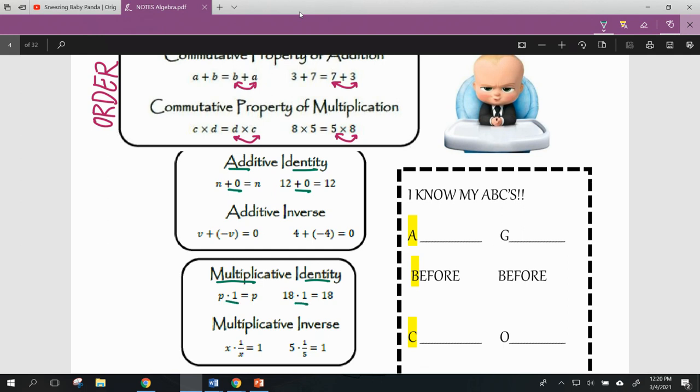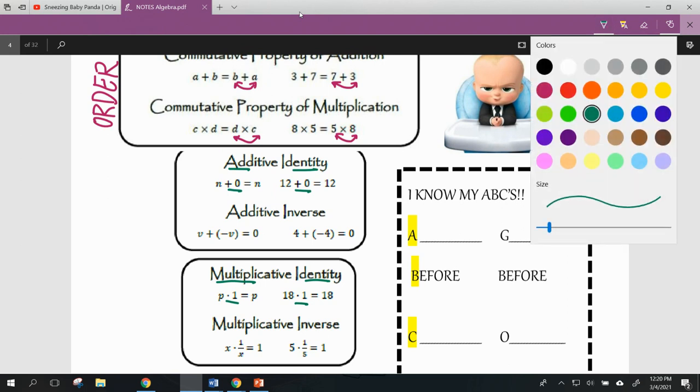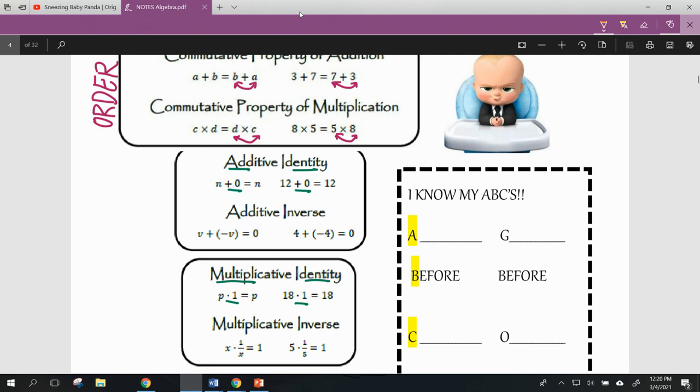Multiply by 1. Right? 18 times 1 is still 18. Negative 1 million times 1 is still negative 1 million. 1/2 times 1 is still 1/2. So the multiplicative identity is what we can multiply a number by and not change it.